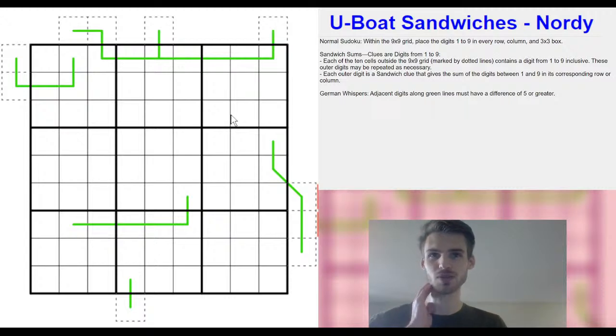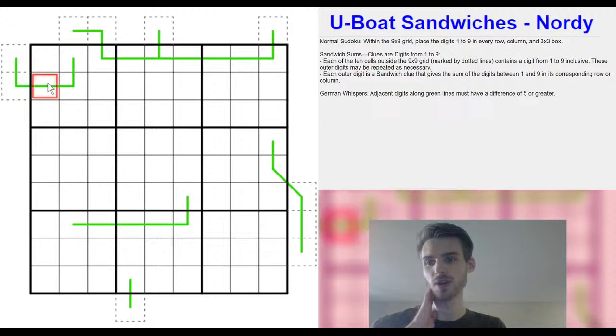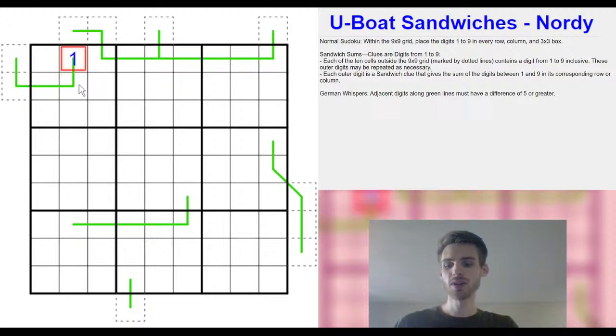So let's just go through. First of all, the German whispers, each digit along the line has to be 5 different. So if we put a 1 here, then we could put a 6, 7, 8, or 9 there. We couldn't put a 4 because that is only 3 different.